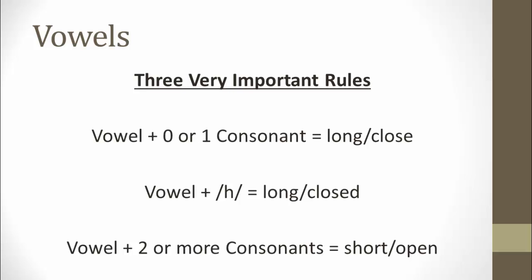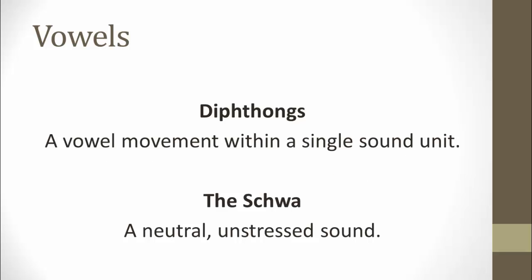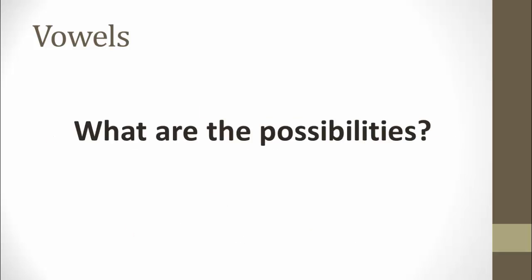And a vowel plus 2 or more consonants is short and open. Are there vowel sounds other than long and short vowels? Yes. You can have diphthongs, and a diphthong is a vowel movement within a single sound unit. We'll go over those in a moment. And the other one is the schwa, and that's a neutral, unstressed sound.